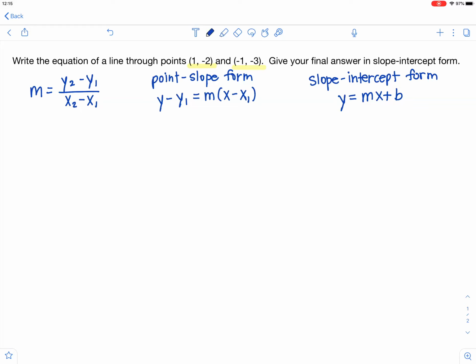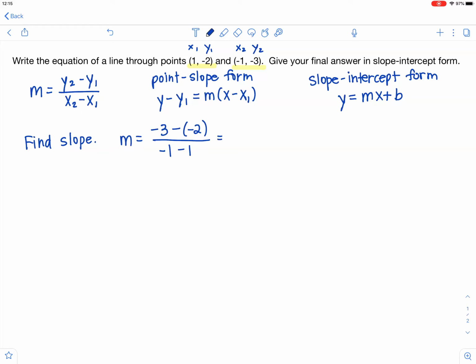So as we find our slope, we can label x1, y1, x2, y2. We need to find the slope first. So the slope of this line, negative 3 minus negative 2 over negative 1 minus 1.